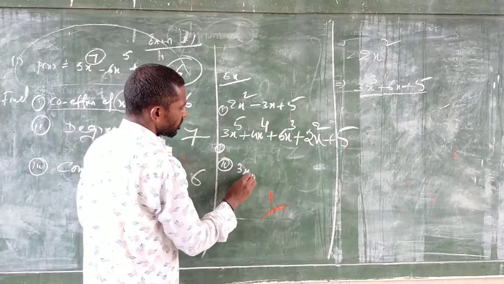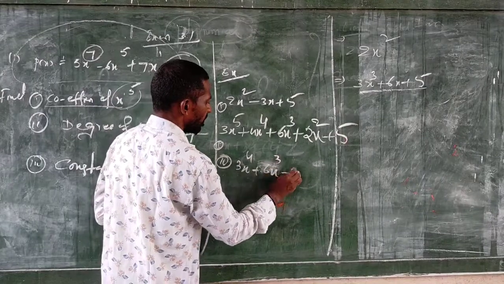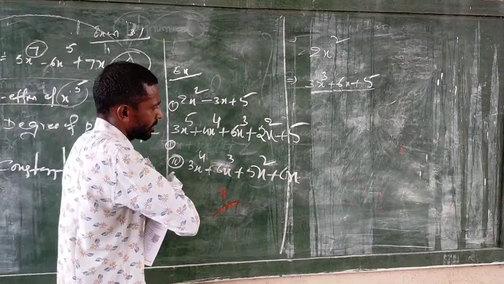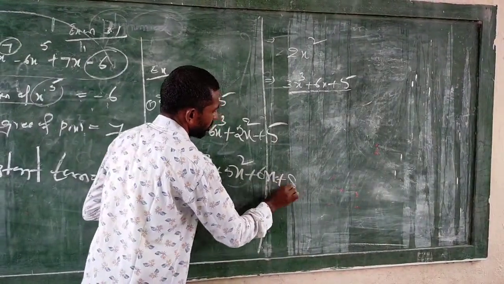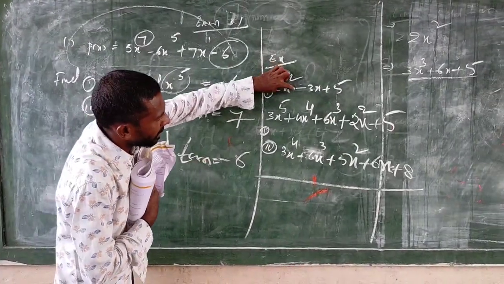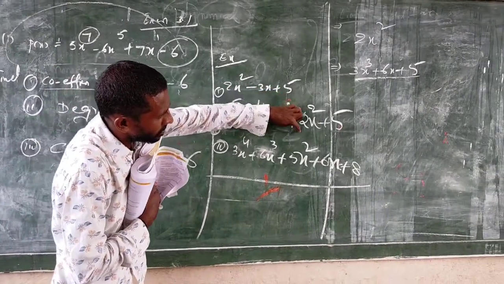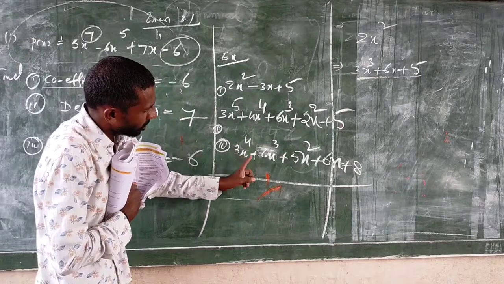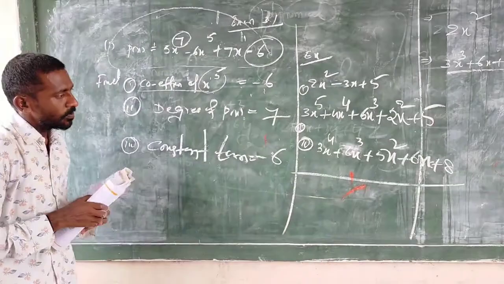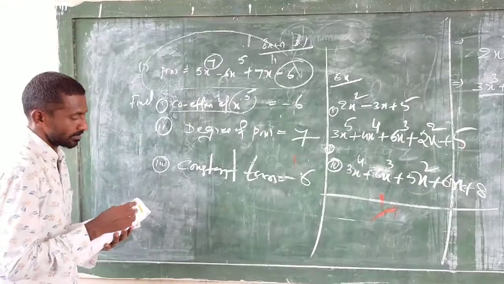For example, 3x to the power of 4 plus 6x to the power of 3 plus 5x square plus 6x plus 8. So these are examples of polynomials: 2x square minus 3x plus 5, 3x to the power of 5 plus 4x to the power of 4 plus 6x cube plus 2x square plus 5, 3x to the power of 4 plus 6x cube plus 5x square plus 6x plus 5. So we say that similarly, given examples.